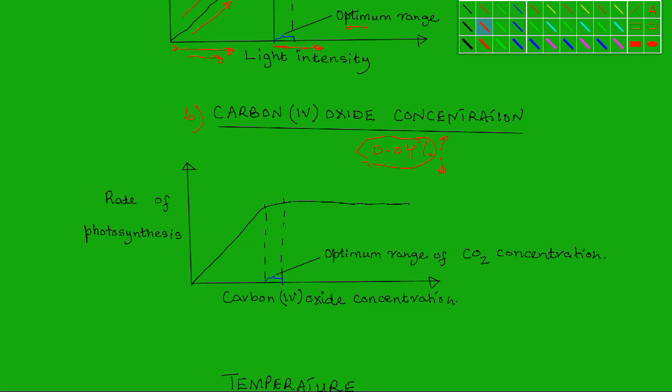So the rate will proceed at the optimum range of CO2. It is as if the extra carbon dioxide available has no role to play in photosynthesis, because remember, the other factors are not increasing in step, so they become limiting.